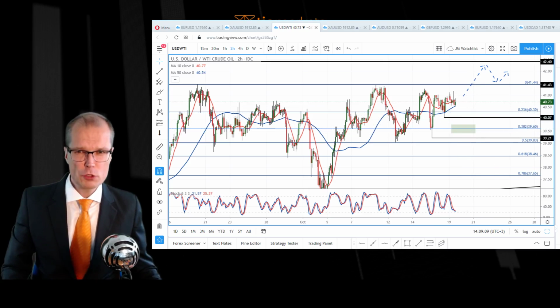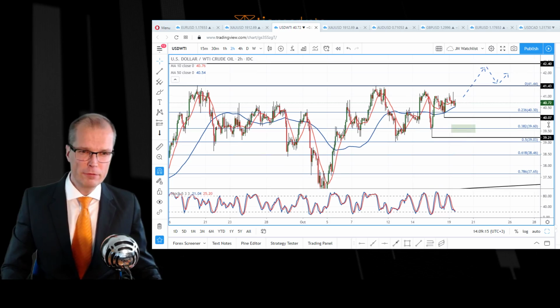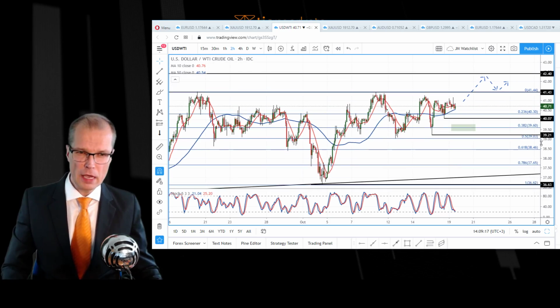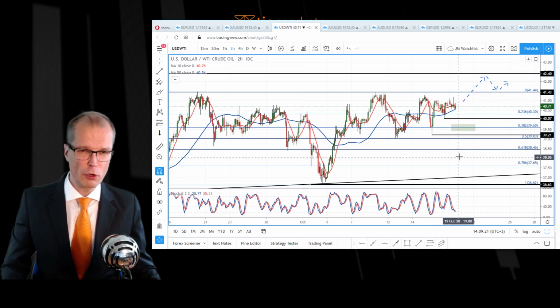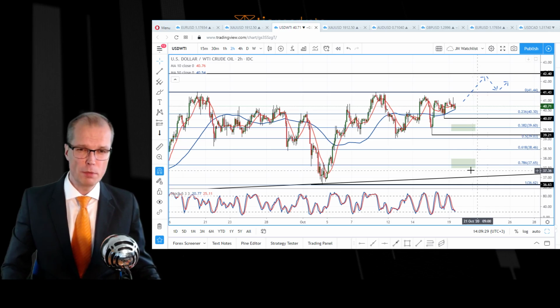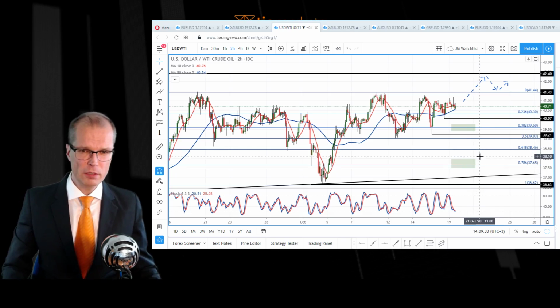Now, what else do we have? If the 39.21 gets taken out, I'm looking at the levels further down and I'm thinking, okay, maybe the market then takes a deeper dive and goes closer to this rising trend line here. So that would suggest that the next range to look at would be somewhere between 37.50 and 38 roughly.